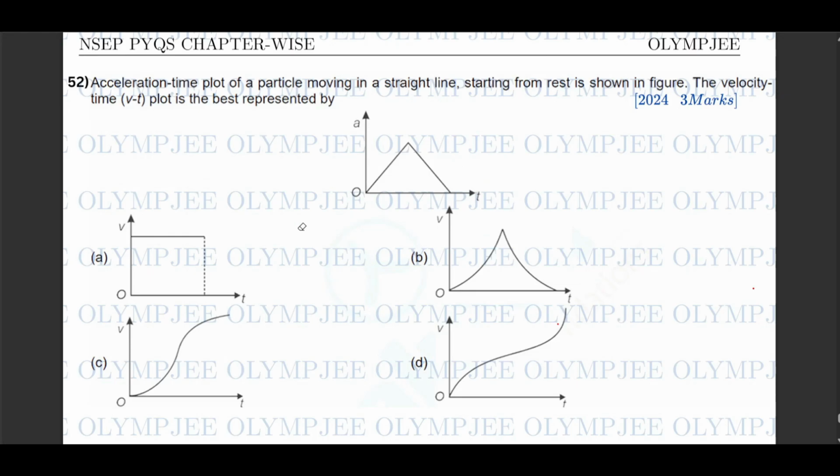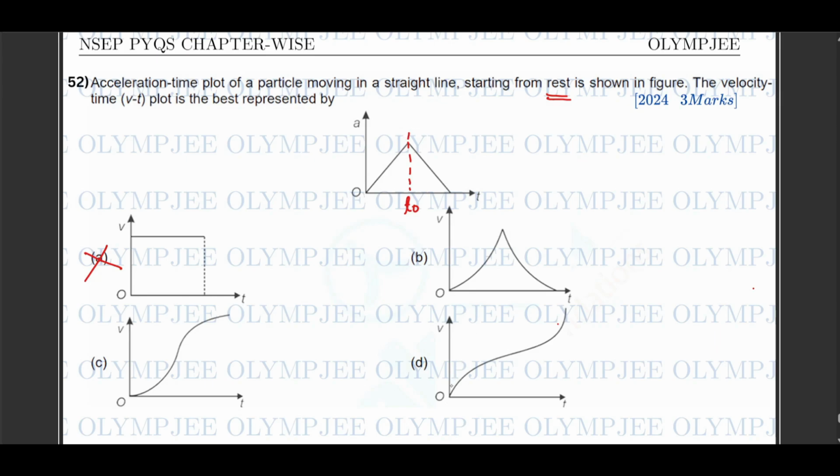Question 52 says an acceleration time graph of a particle moving in a straight line is given, starting from rest. The velocity time plot is best represented by. Since the particle is starting from rest, option A is obviously wrong. Till this time t naught, the acceleration is positive and it is continuously increasing.